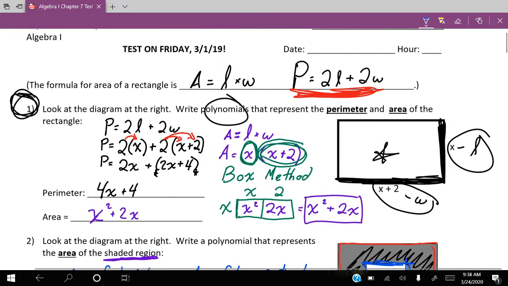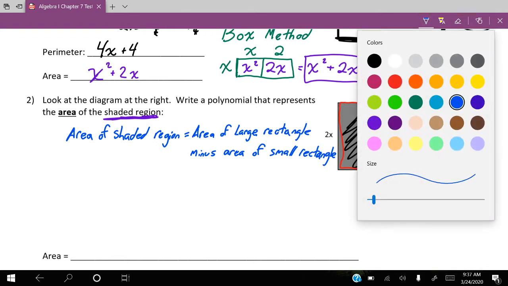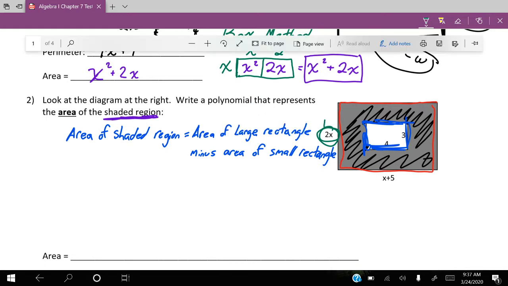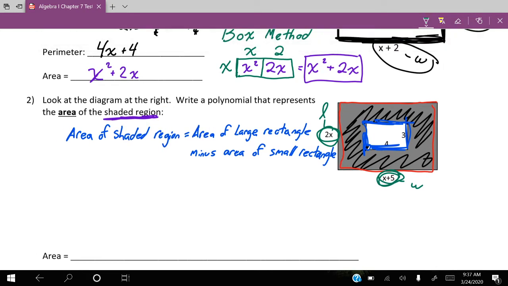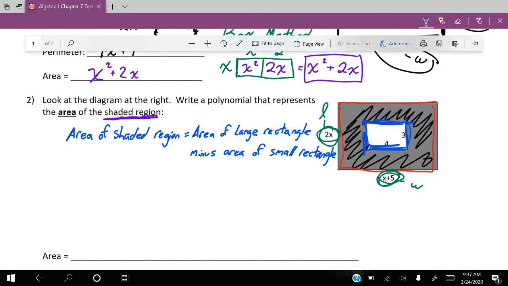So again, if we look up here, area is length times width. So the length of this large rectangle is 2x. So I'm going to go ahead and say length. The width happens to be x plus 5. So the first thing I need to do is find the area of the large.